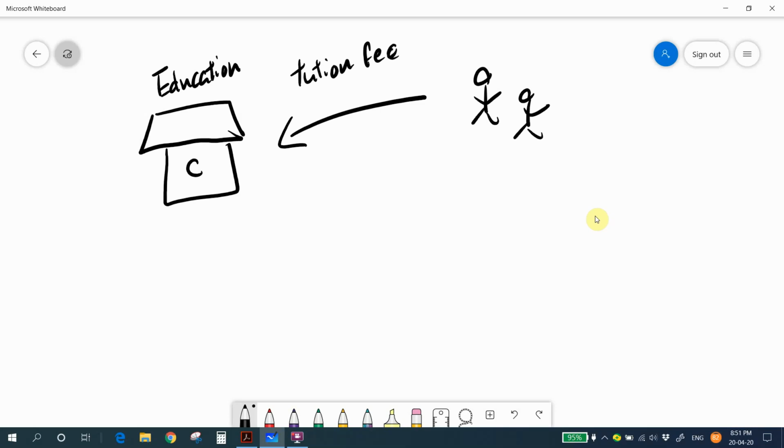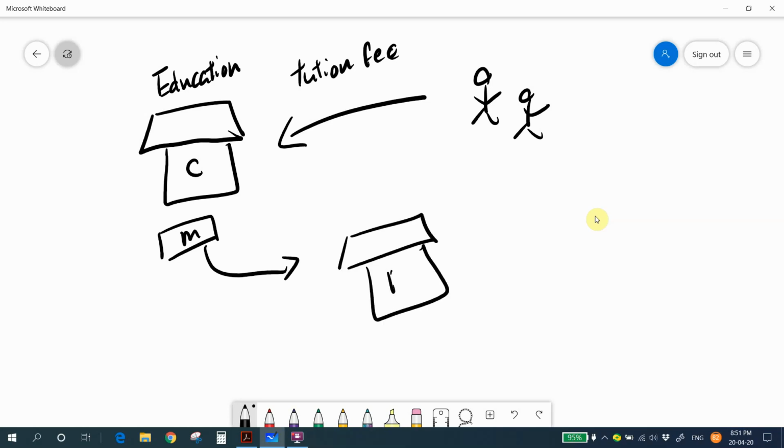And when the college receives tuition fee from students, they will gather all the money and put this money to what? To bank. In return, bank will pay to college what? Interest income, for the money that Crescendo saved in bank.